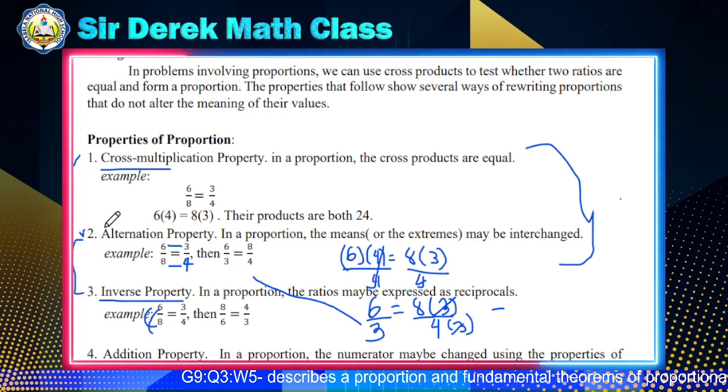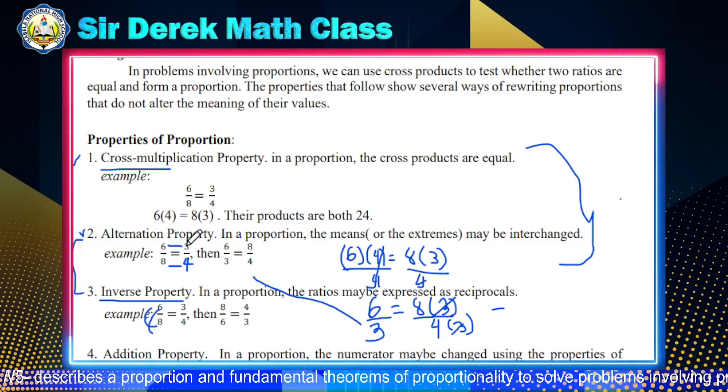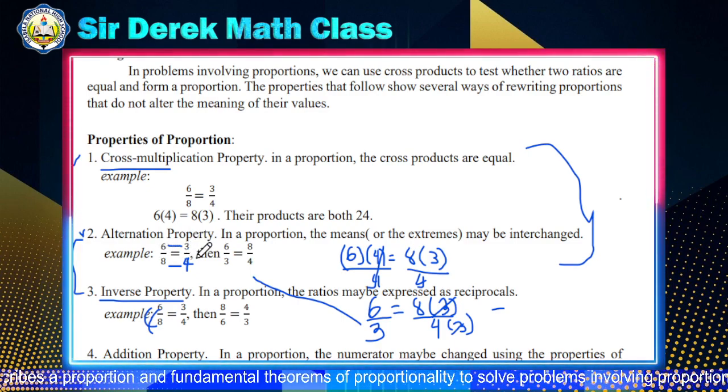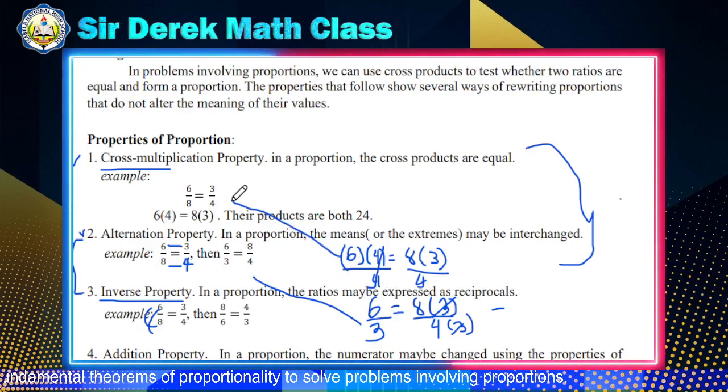Kaya lang na-derive itong alternation property because mas madali nga naman. Pwede rin pala yung 6 over 3 at saka 8 over 4 na gawin. And yan pala ay galing din sa cross multiplication property.